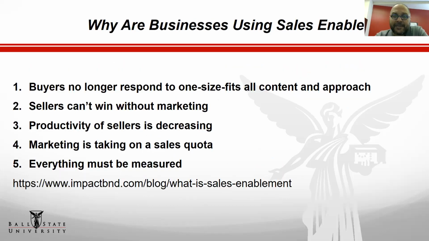So now again, as I said earlier, why are we using sales enablement? There are lots of reasons. You no longer can go in and wing it with your customers. You really have to provide customized content. And that level of customization needed, given the very knowledgeable customer today, makes it very important, because salespeople cannot do this by themselves. They will need marketing to help them understand the different personas.